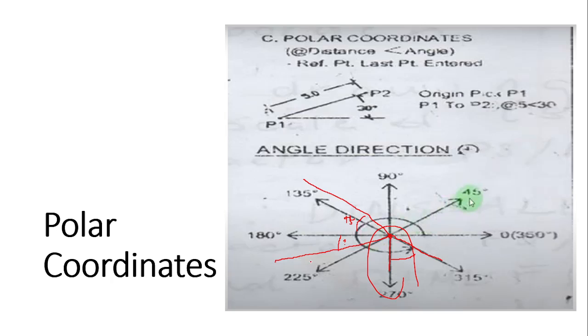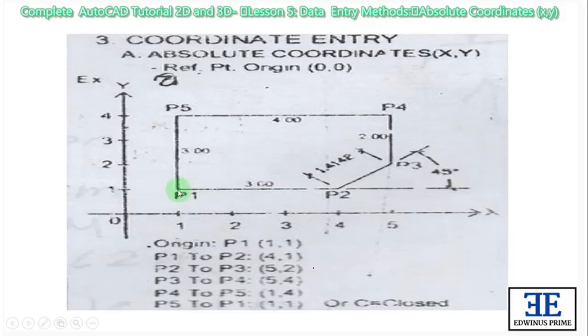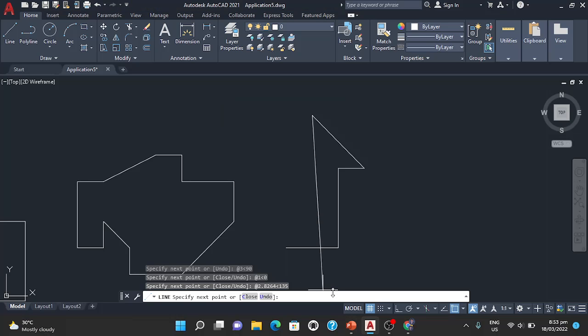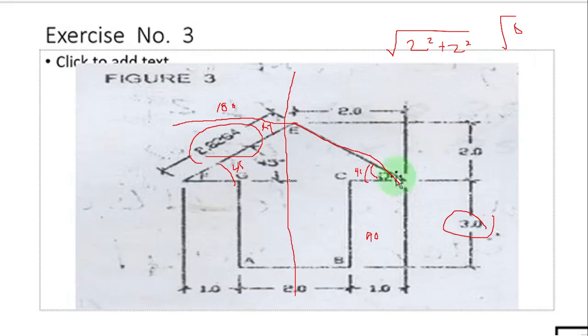So based on our angle direction, this is a 45 degrees also. So we have here 225. So let's apply 2.8264 angle 225. Okay, so click enter. So we have here the same as the point D to point E.